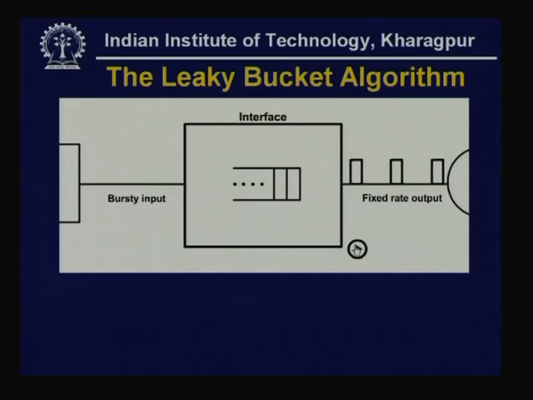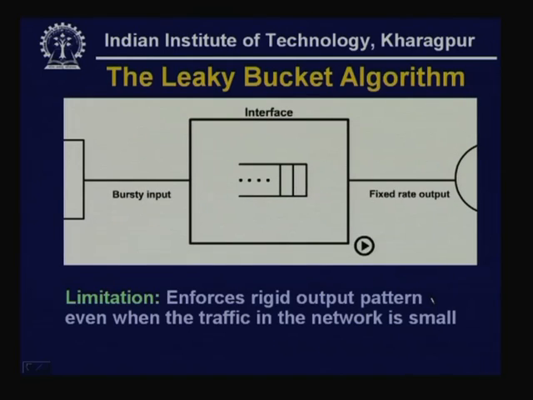Even in the beginning, at the end, it generates at a uniform rate, and this limitation can be overcome by using the token bucket algorithm, as we shall see. As I have already mentioned, it enforces a rigid output pattern even when the traffic in the network is small.